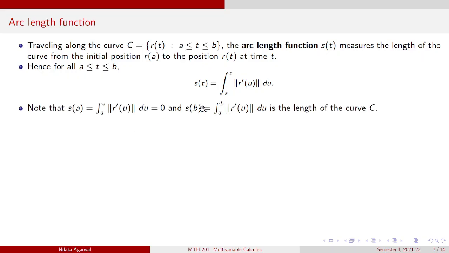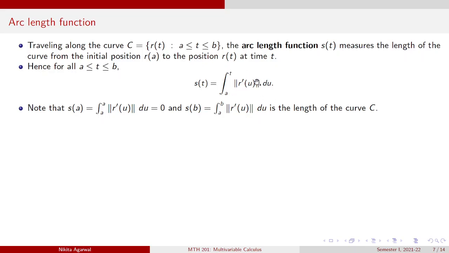So note that when t is equal to a, you are integrating from a to a, so that's 0. That's the starting point, right? There's no arc length. When your t is b, then you recover the entire length of the curve, right? And I forgot to mention here that s is an increasing function, right? Why is it an increasing function?